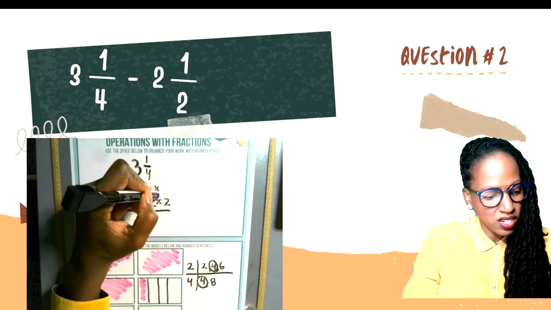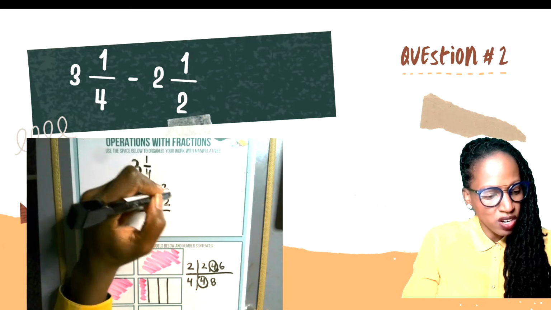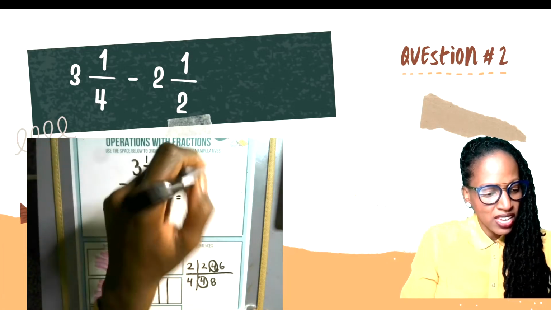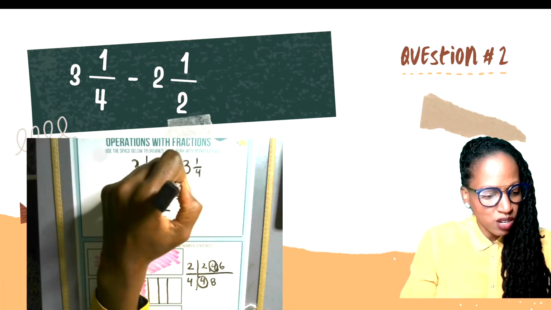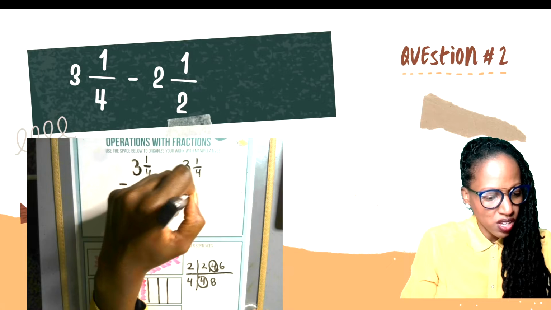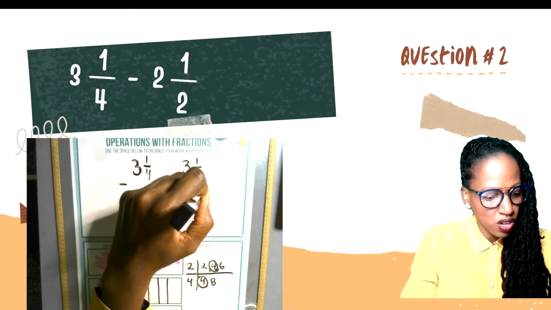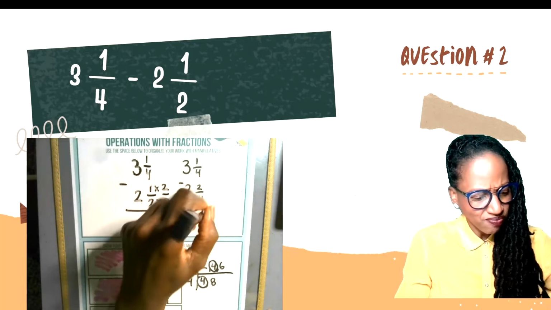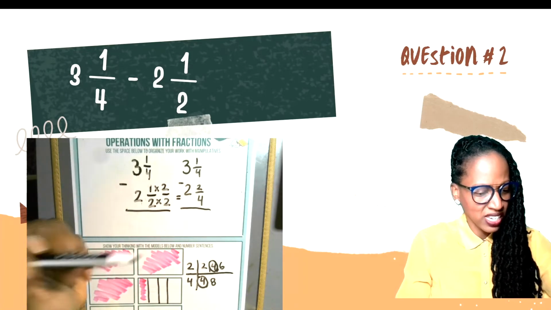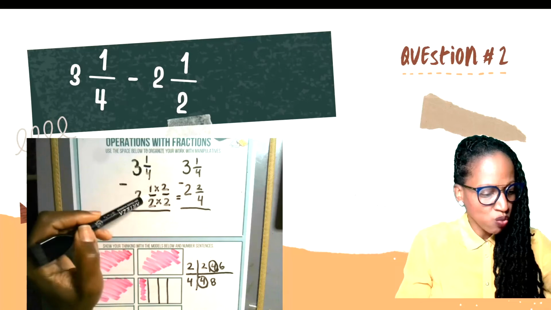So I'm going to multiply my denominator by 2 and my numerator by 2. Okay? And so now I'm working with 3 wholes and 1/4, and I'm subtracting 2 wholes and 2 fourths.